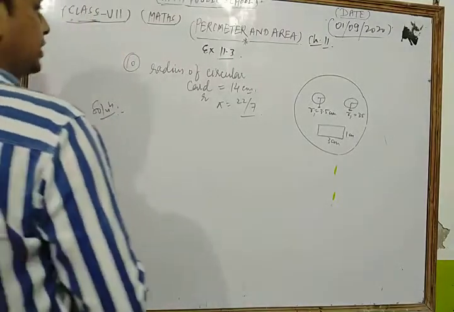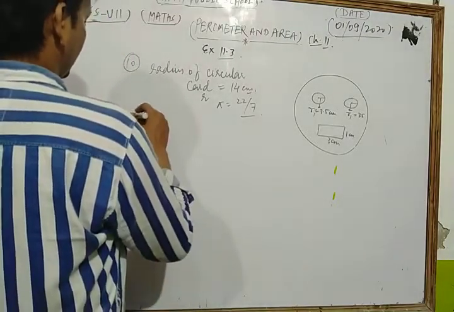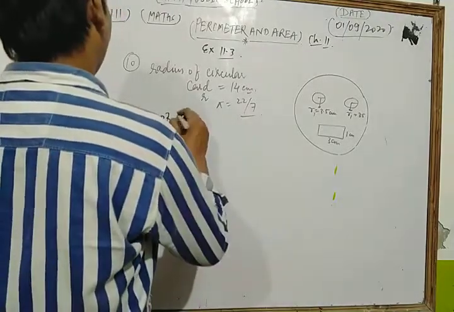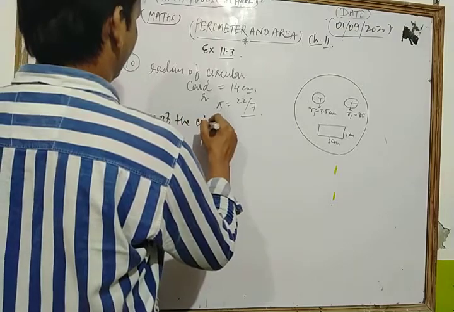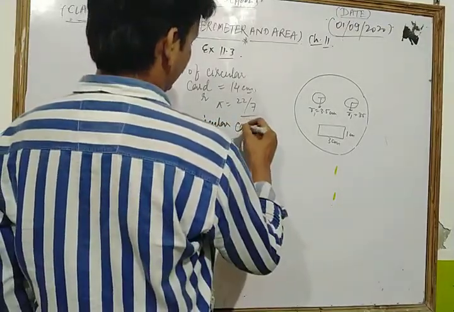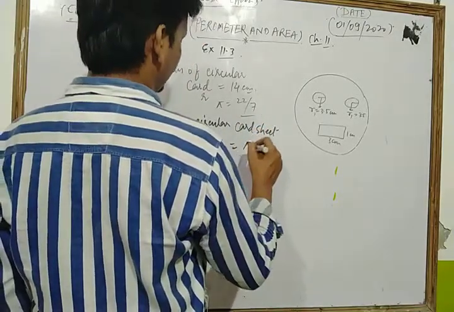First we find the area of the circular card sheet. What is it? Pi r square.